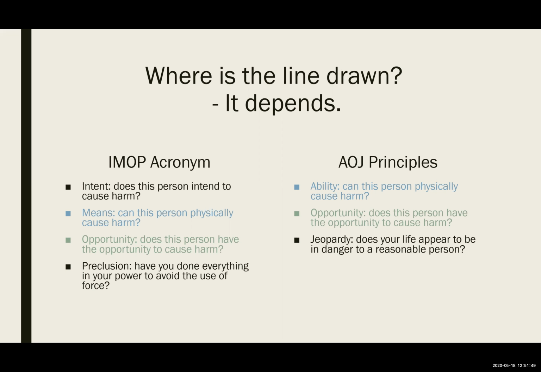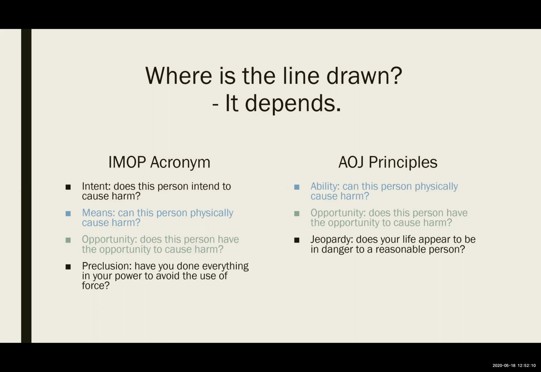Now remember, it has to be to a reasonable person. That can vary based on who your judge is, who your attorneys are, things like that for it to be reasonable. However, if you have a weapon pointed at you, your life is in jeopardy at that point.